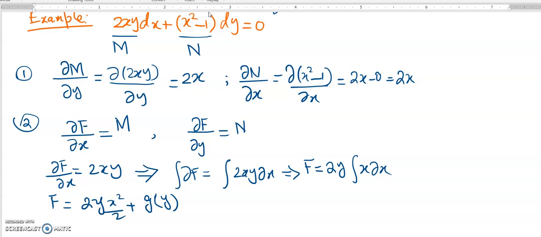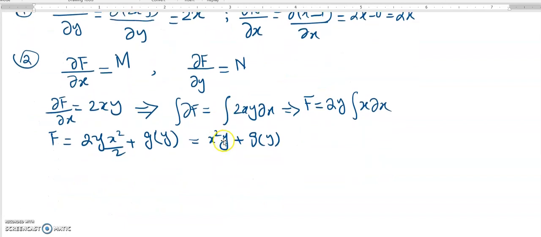We can simplify it to x squared y, since the 2 cancels with the 2, plus g of y. So we have now got the solution function in the generalized form, but we still don't know what g of y is.